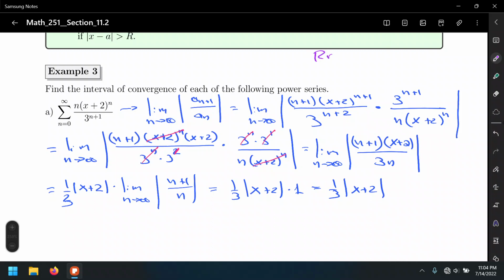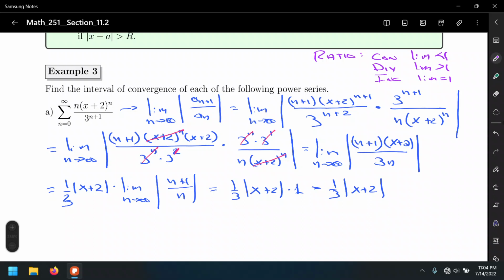For the ratio test, the series converges when the limit is less than 1, diverges when the limit is greater than 1, and it's inconclusive when the limit equals 1.